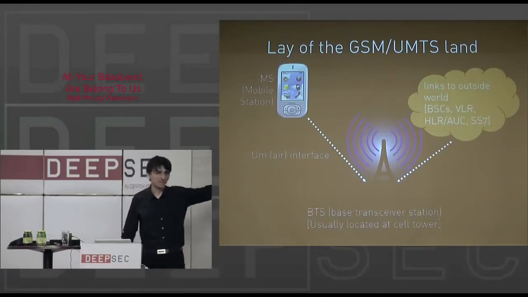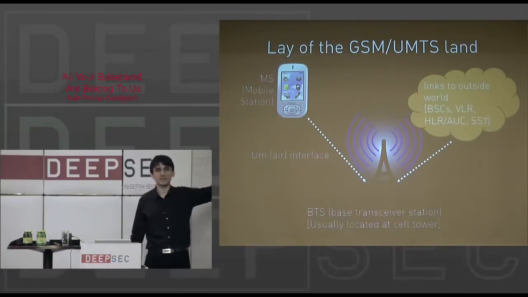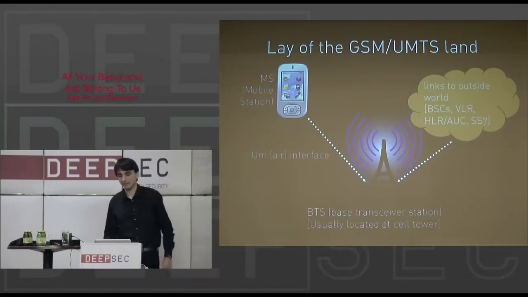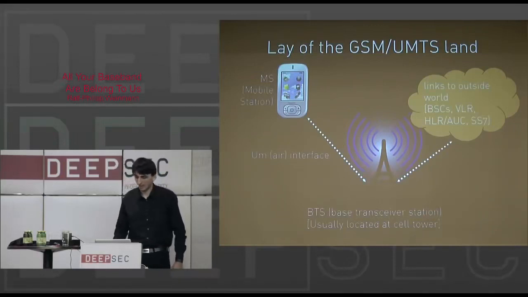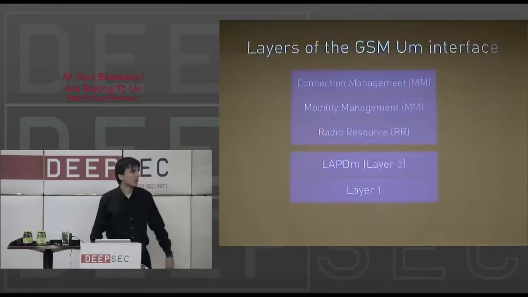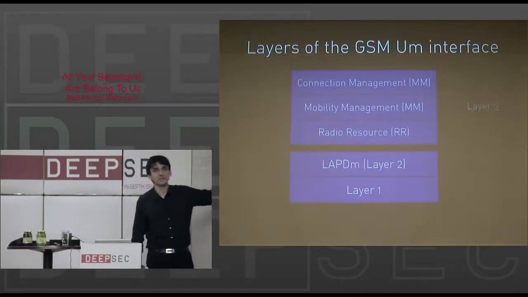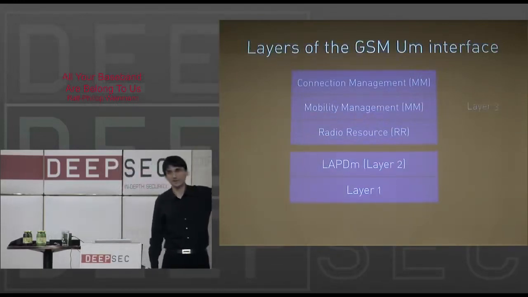So the interface between the base transceiver station and the mobile station is called the Um interface, or in lay speak, the air interface. When you have a look at this interface, you'll see in most of the literature that it is composed of 3 layers.